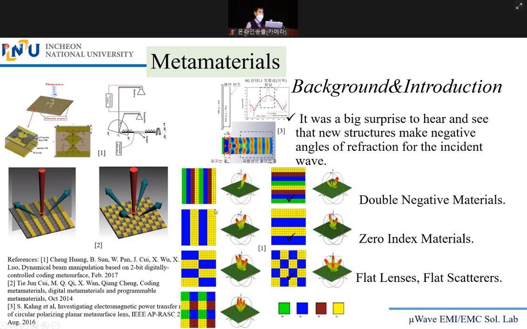Reconfigurability comes from changing the condition or the state of the metallization. You can see the color codes here. If you refer to these references, you can find how the colors are working for you to change the direction of the angle of reflection or change the number of the reflective fields.